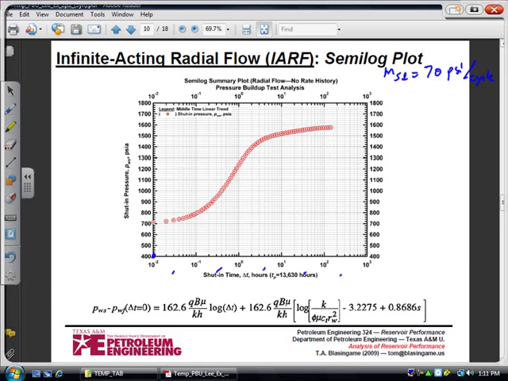And Y2 will be 70 times 5, which is 350. Okay, so I found 2 points and then I'm going to connect them with the straight line.